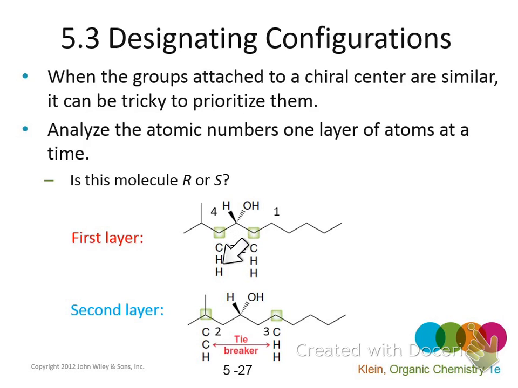This one's carbon, hydrogen, hydrogen, so that's actually a tie again. You go to the next one out, and this one is carbon, hydrogen, hydrogen. That's what it's showing here, right? And this one is carbon, carbon, hydrogen, right? So these 2 tie here, but this is the tiebreaker. And so this one gets assigned 2, and this one gets assigned 3. Okay? So that's how this whole tie-breaking thing works.